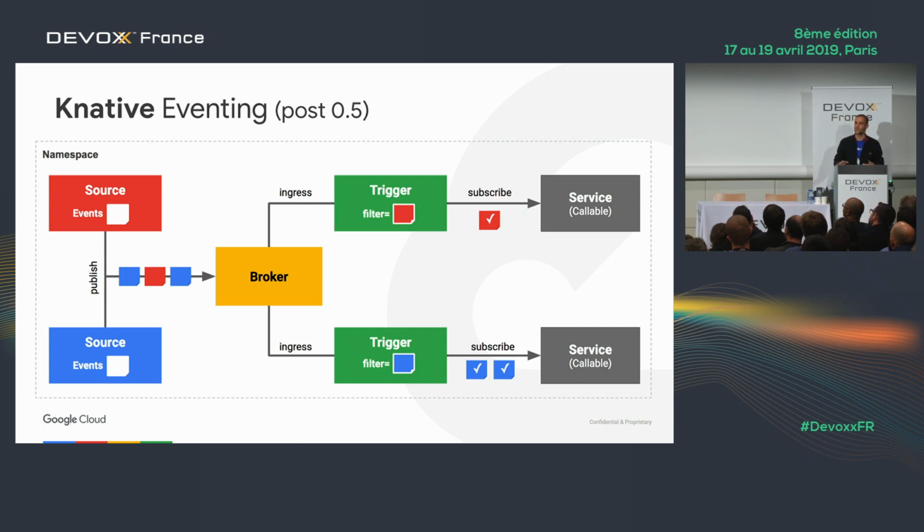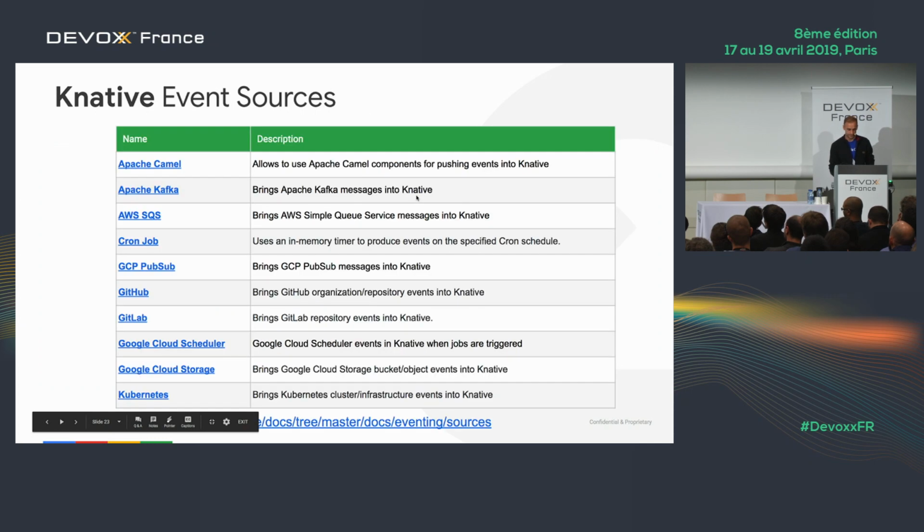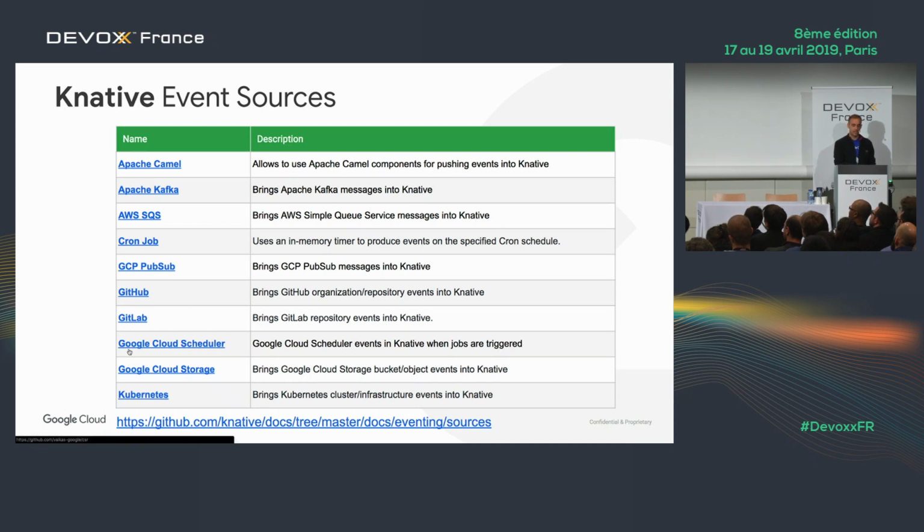But I haven't figured that out yet because this is just new. Once I figure it out, maybe you can see one of my talks later where I explain that. But as of today, you need to create a broker and trigger to connect different services. And there's a bunch of event sources already implemented in Knative. For example, if you want to listen to GitHub events, it's already there. If you want to listen to Kafka events, it's already there.